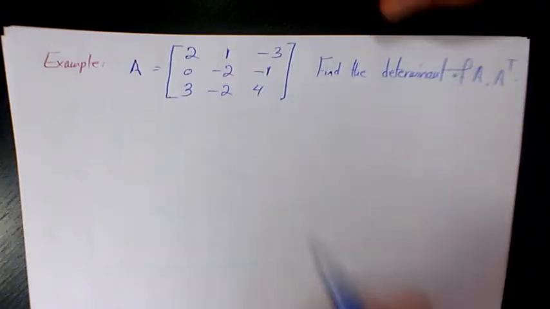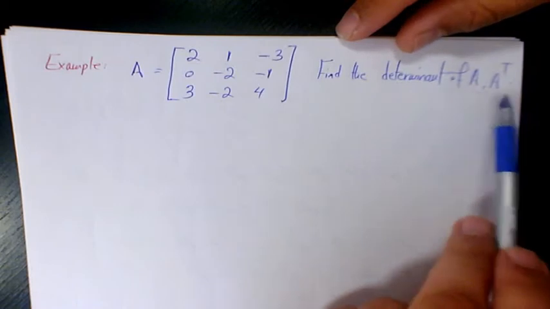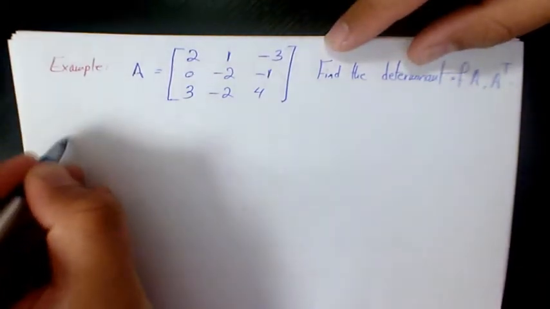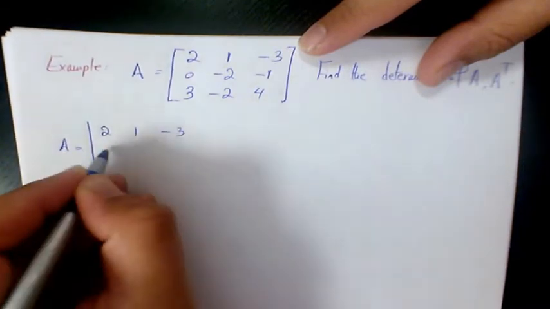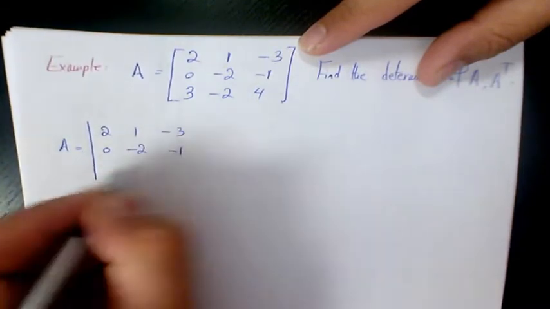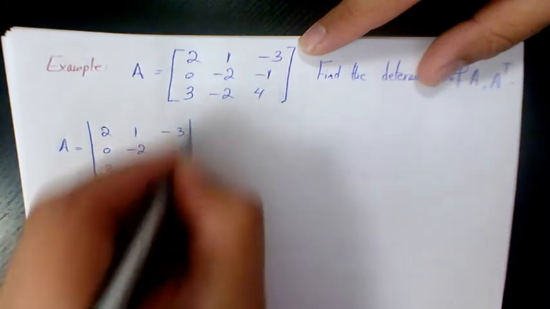In this example, it says find the determinant of A and also the transpose of A. So the determinant of A is 2, 1, negative 3, 0, negative 2, negative 1, 3, negative 2, and 4.